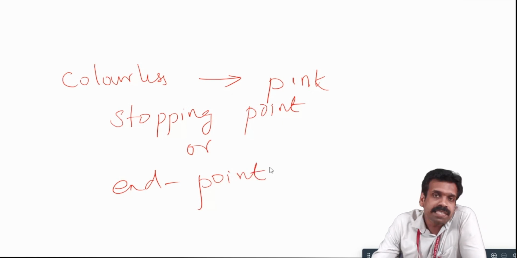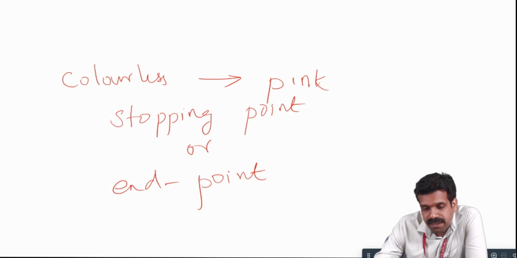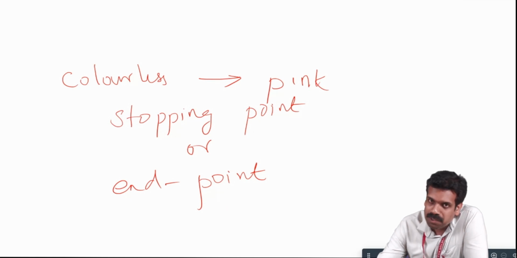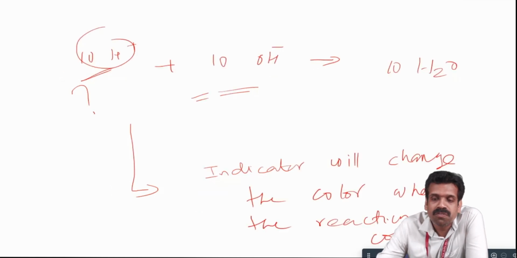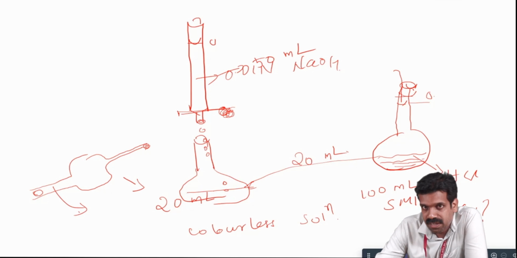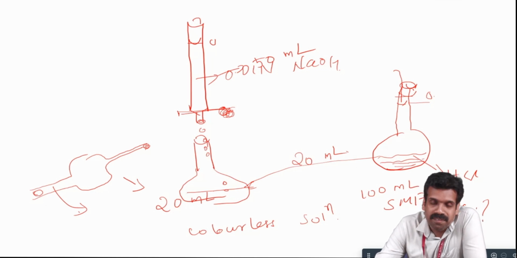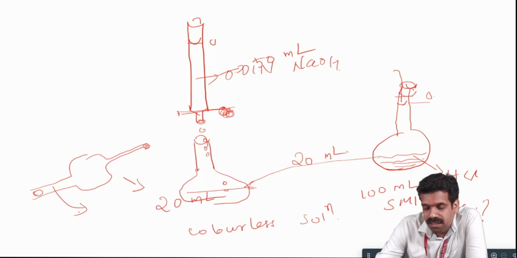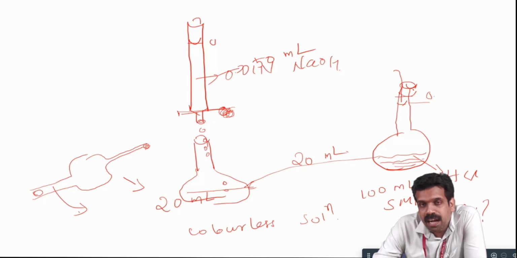So your titration is over, and then you should note down the burette value, that is, how much volume of base you have released from the burette. That volume will tell you an approximate idea about how much H plus ions are present in the pipetted out 20 ml acid solution. So that's all about how we perform a titration.